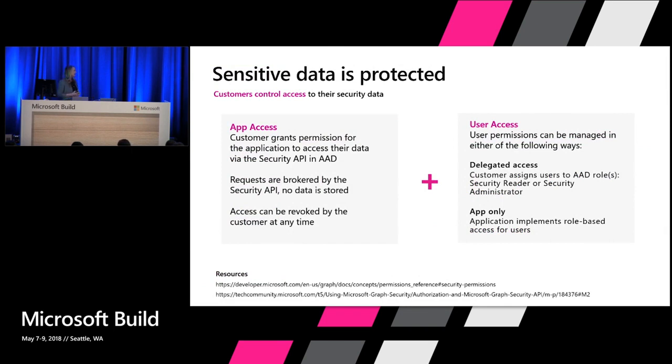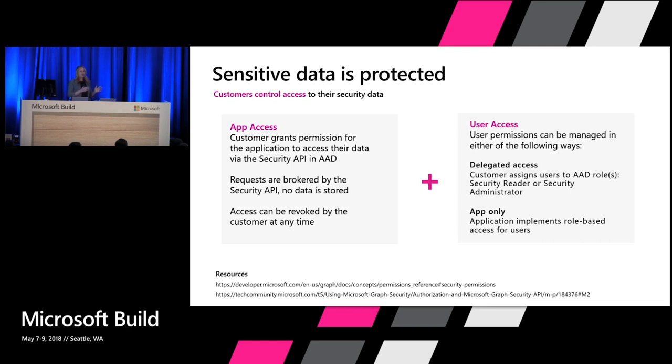Now, in the world of security, protecting sensitive data is very critical, and we know that there's some particularly sensitive information that may be accessed through the Security API. And so to ensure that that sensitive data is protected, customers control who can have access via AAD. So the customer grants explicit permission for an application to access their data.